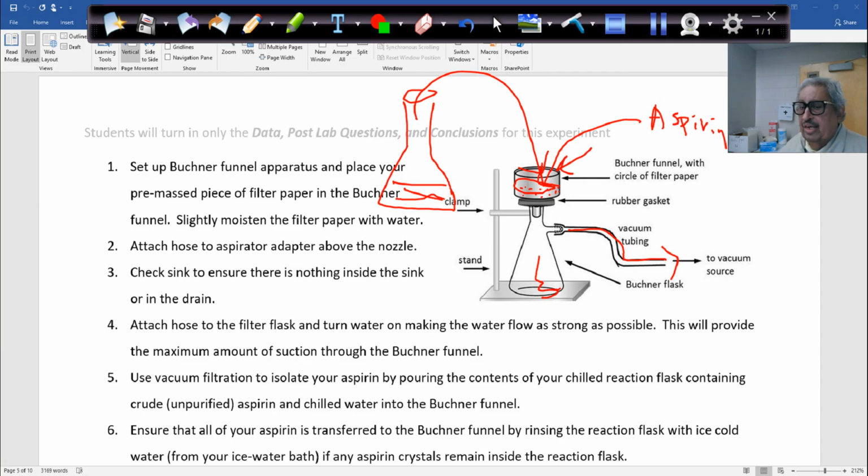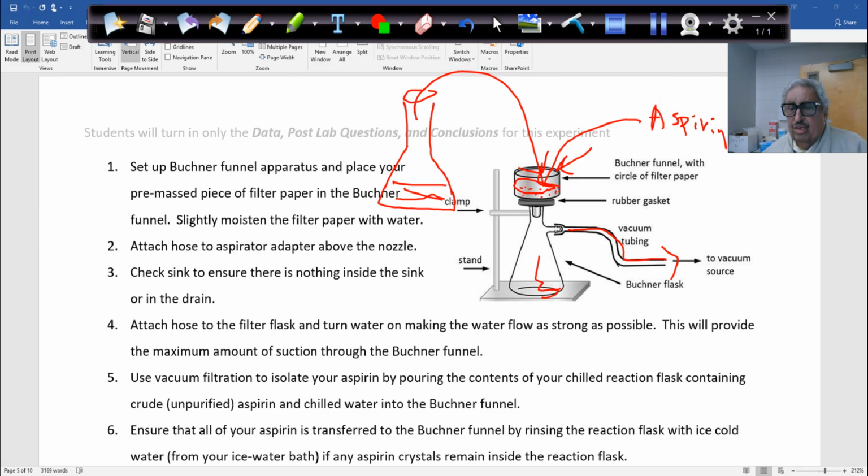We'll know this. And then we'll add ice water to destroy the excess acetic anhydride. We'll test for both to make sure both reactants are out, so we don't have them inside our final product. We need just the acetylsalicylic acid, just the aspirin. We don't need the reactants to be there with the aspirin itself.